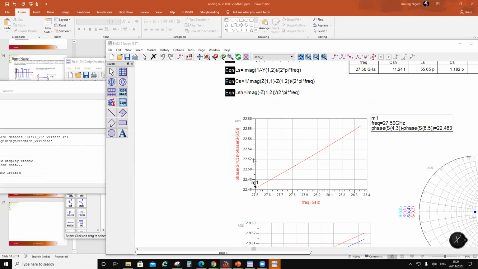Not this one, this one. 22.508. Okay, 22.58 and 22.46. So basically there is an error of 0.08 on this side and minus 0.0 something. You can adjust to the center and then this error will not be that bad. So that's okay.